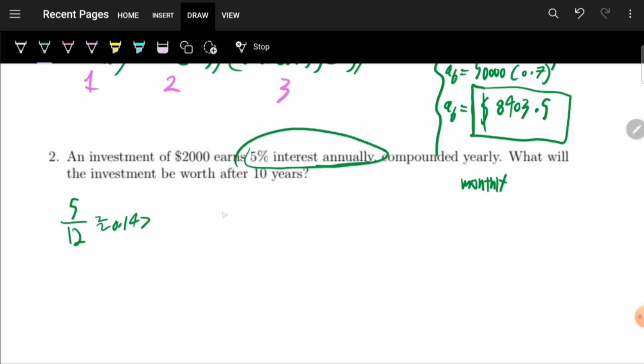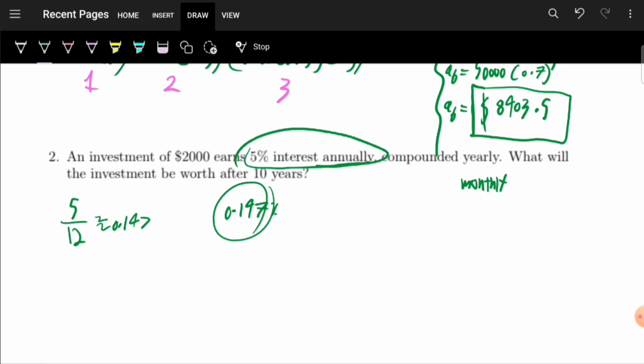So that means after the first month, we get 0.147%. After the second month, we get another 0.147%. After the third month, we get another one of this. So that's what compounded monthly would mean. We'll do a video on compounding interest and values like that at some point as well, but that's what that means.